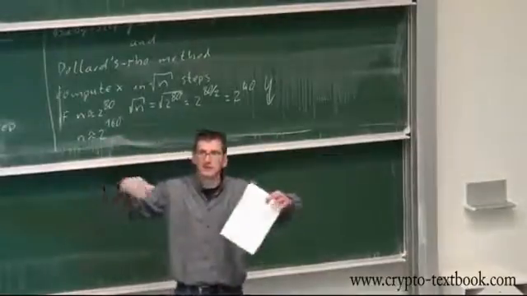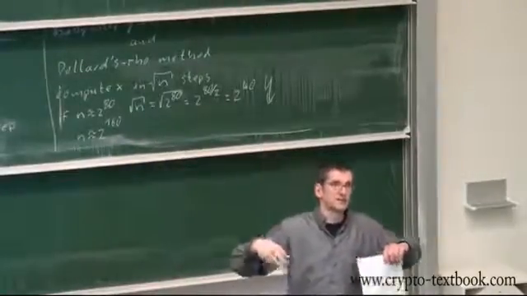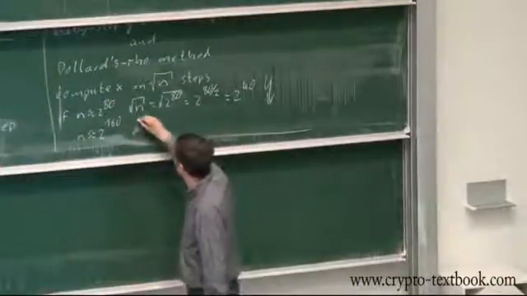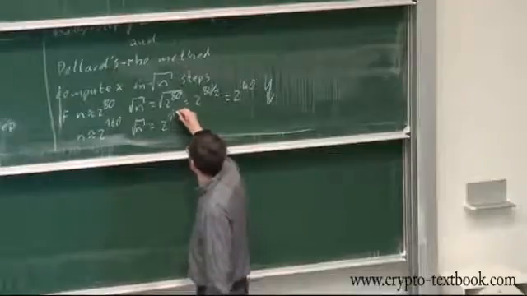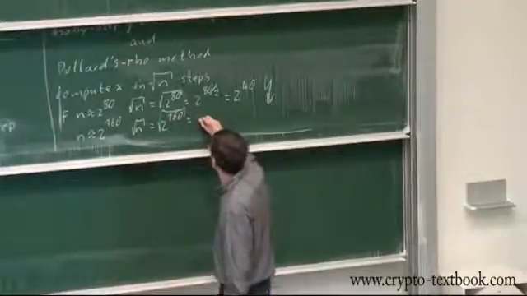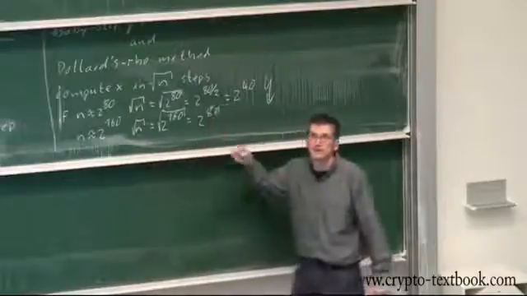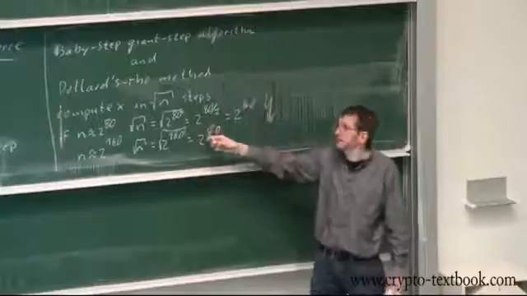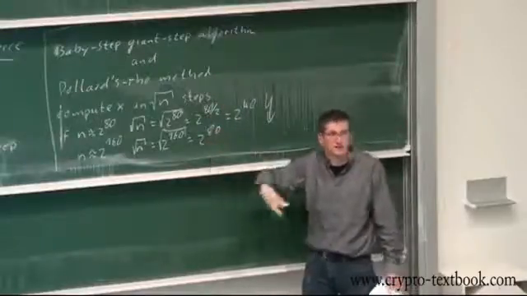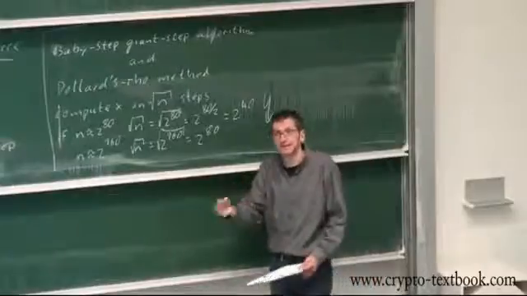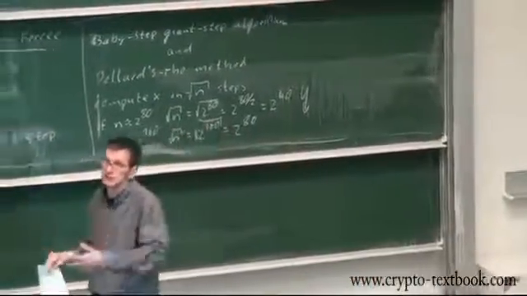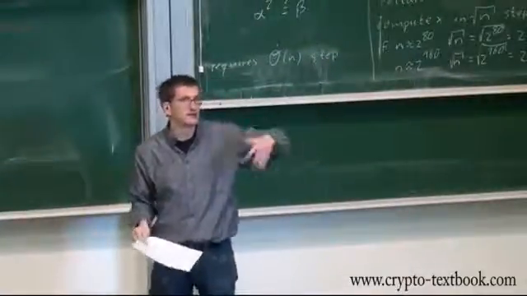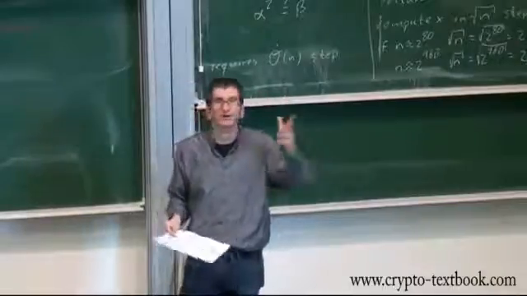If you have 2 to the 160 group elements, that means the group is represented by 160-bit numbers. The best thing we can achieve is that the attacker needs 2 to the 80 steps, and you can't do that with your pocket calculator, even if one step takes only 1 picosecond. 2 to the 80 picoseconds is still, I don't know, 1,000 years or something.